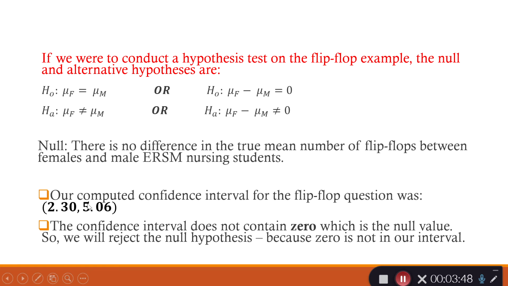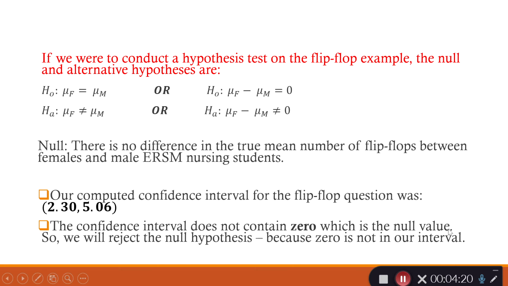And the confidence interval we computed earlier for this scenario was 2.30 and 5.06. Right, so this is our range of plausible values for the population parameter. And our population parameter in this scenario is the difference between the male and the female number of flip-flops that they have. So the confidence interval does not contain 0. Remember, 0 is our null value here.